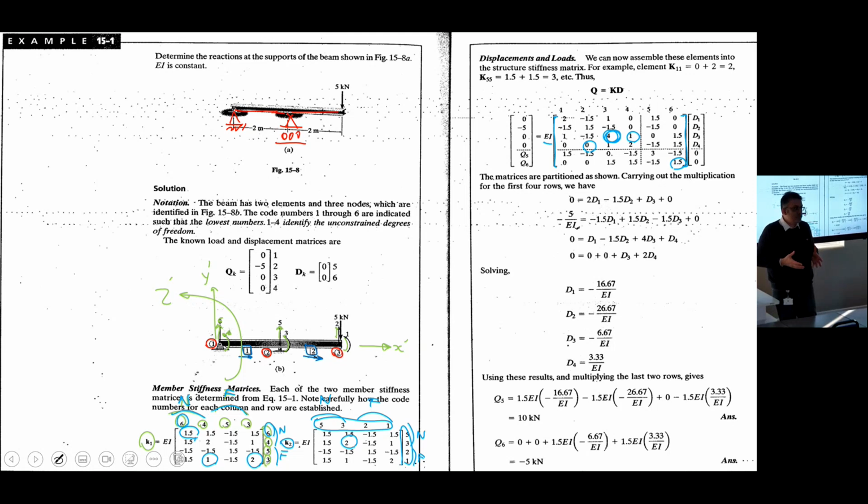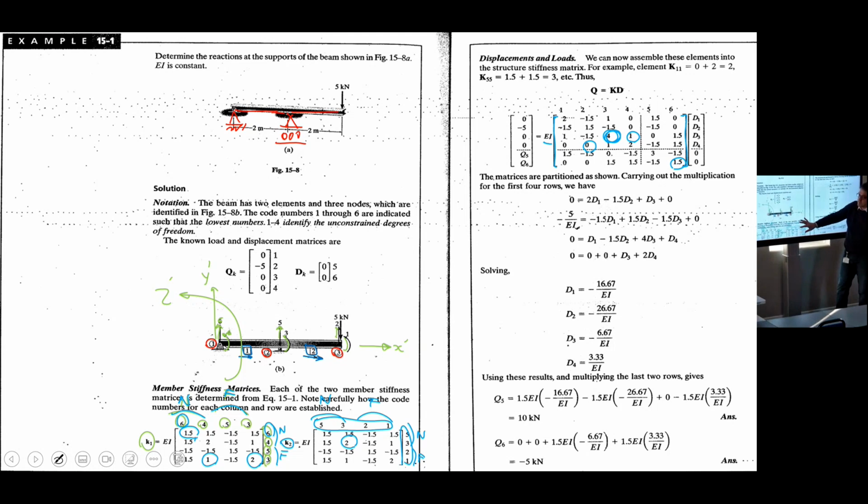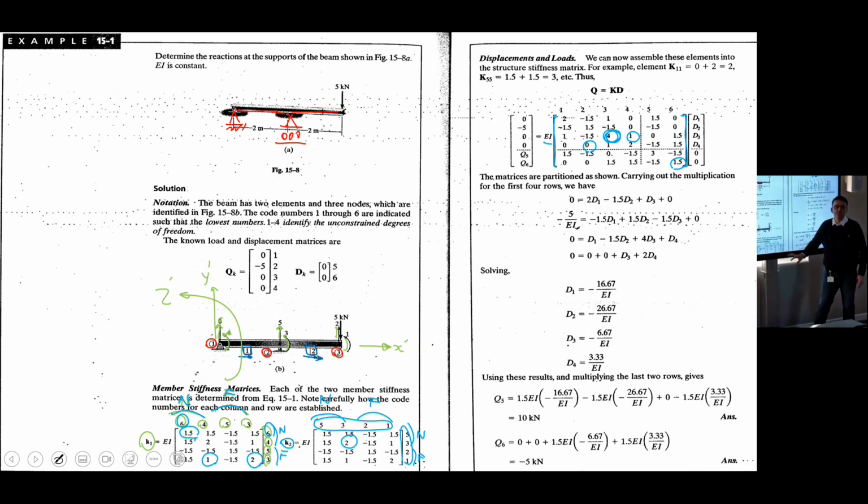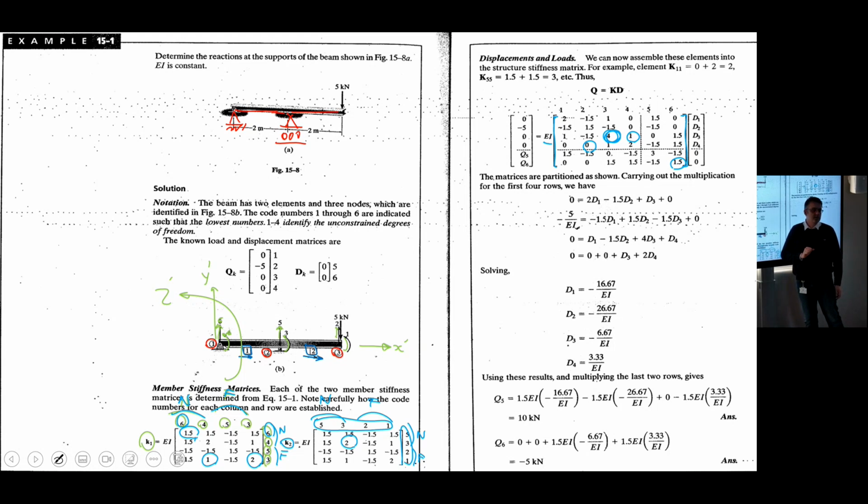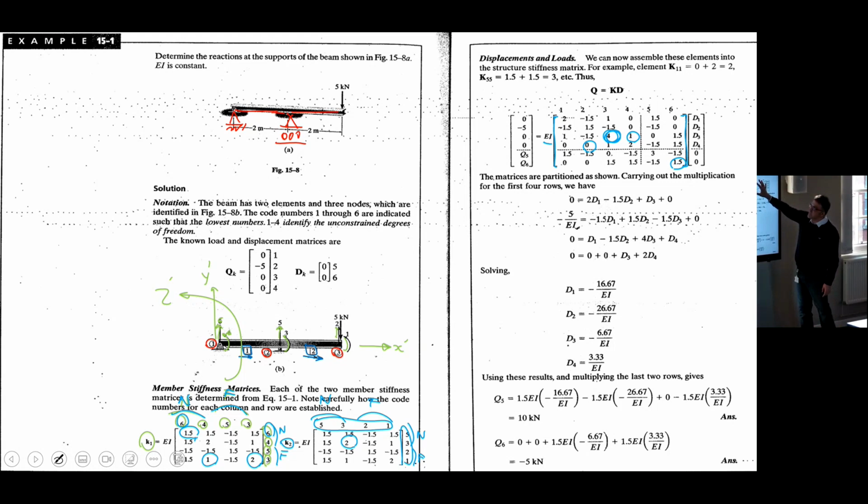If you repeat this procedure for all the numbers in these two matrices, you need to really do it 32 times, because you have 16 numbers here. If you fill all of these into the big matrix, you will have a 6 by 6 matrix for the whole structure.